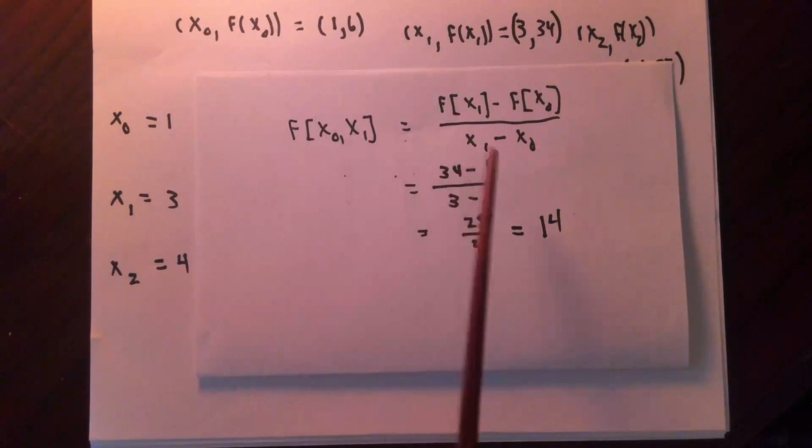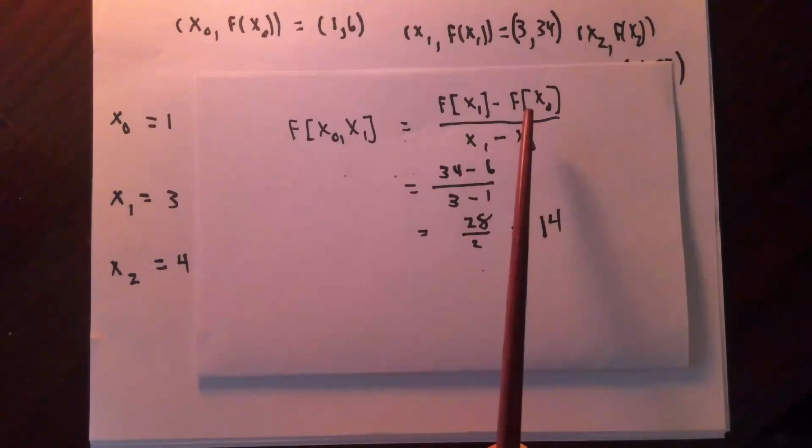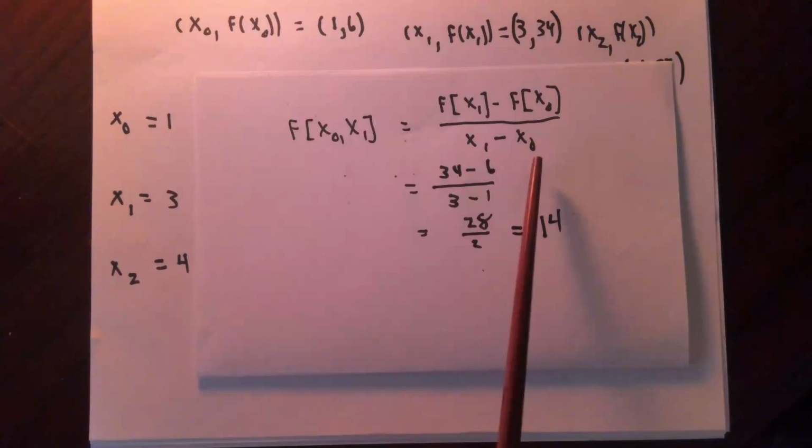According to our idea, we're supposed to take the divided difference that goes with the bigger index minus the smaller one, divided by the biggest x in the current collection minus the smallest indexed x.